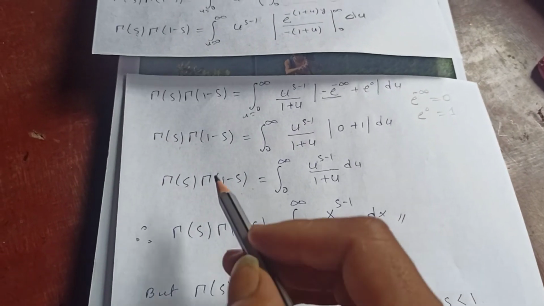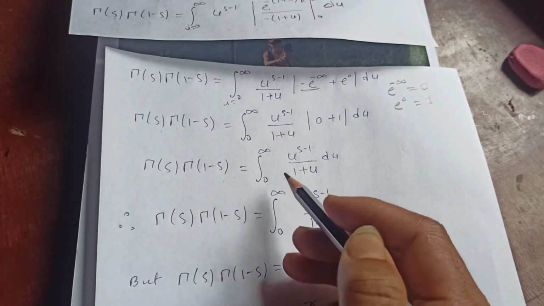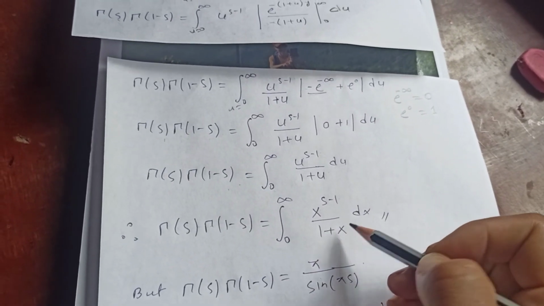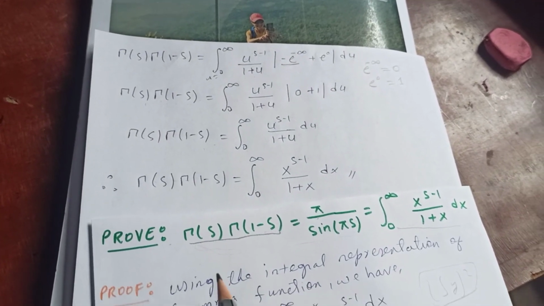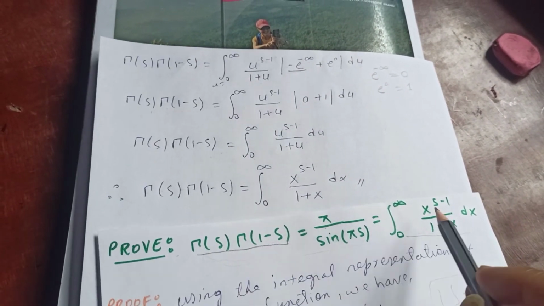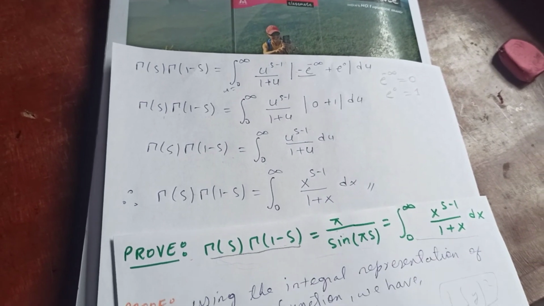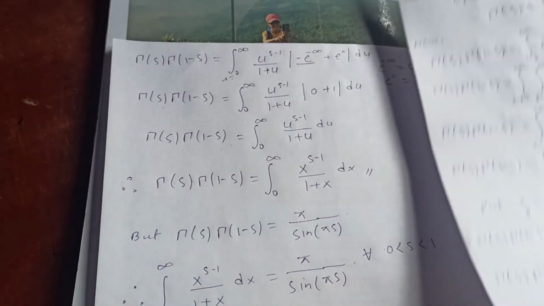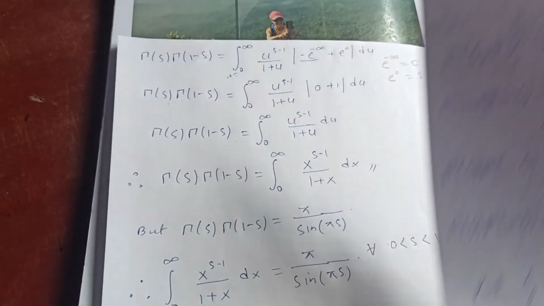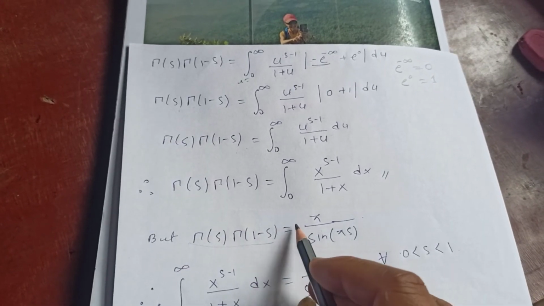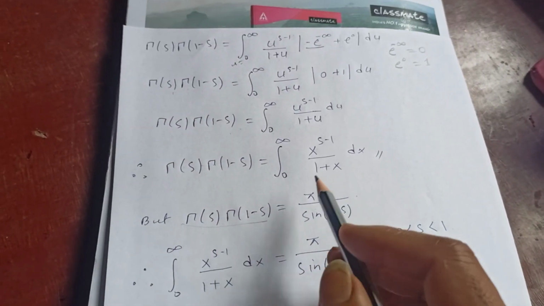Now let's turn back to our variable x. Therefore gamma s times gamma 1 minus s is the integral from 0 to infinity of x to the s minus 1 upon 1 plus x dx, which is the same as this one. Gamma s times gamma 1 minus s is this integral. Now we are trying to prove that this integral is equal to this. Then it's easy. We know that gamma s times gamma 1 minus s, the Euler reflection formula, is pi over sine pi s.